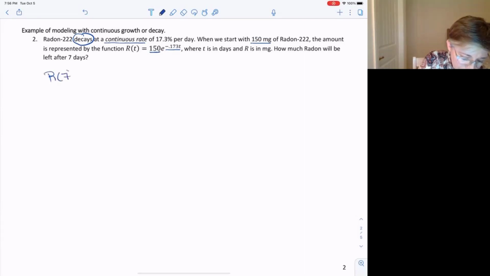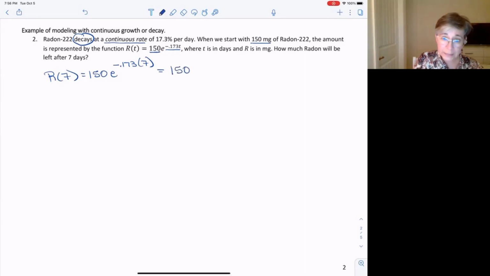So they're asking us to find r of 7, which would be 150 times e to the negative 0.173 times 7. Now, if you're to put that in, let's say, a scientific calculator, you can put directly 150 e, and that e might give you a hat if you're doing e to an exponent.